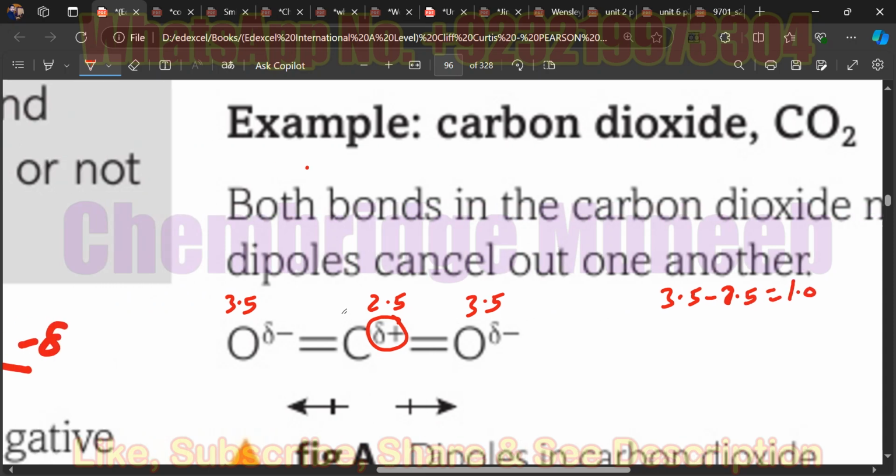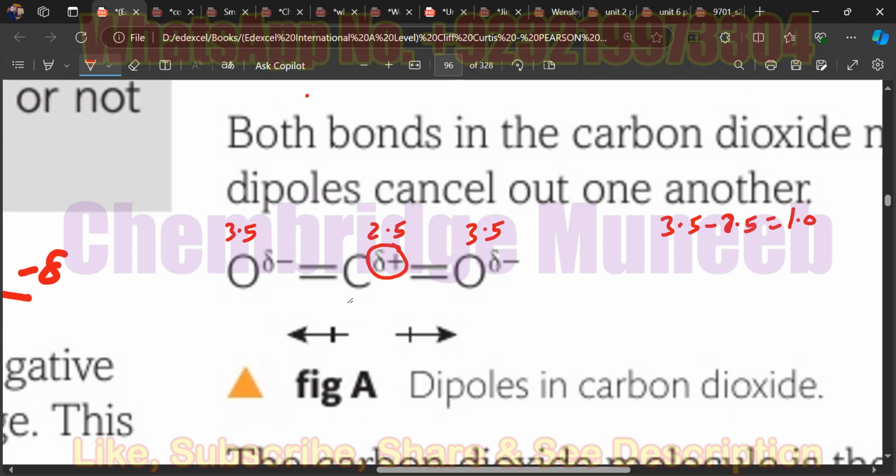Okay, now after determining this partial positive and negative area, we will now check their dipole. If you look here, and I will take just one side at the moment, this indicates that this is a polar bond. The arrow of the dipole will start from here and it will end here. So the bond is polar. This bond is polar and the other bond is also polar.